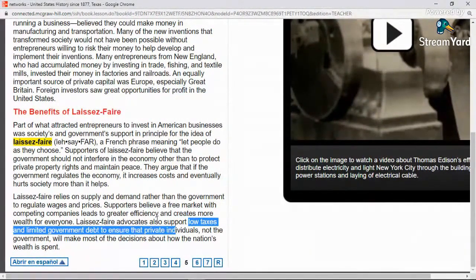This is different than if the government is regulating and saying, okay, all the chocolates have to be 10 reais, or no chocolate can be more than 20 reais, because everybody loves chocolate and everybody needs to have chocolate. This is not laissez-faire. Okay?